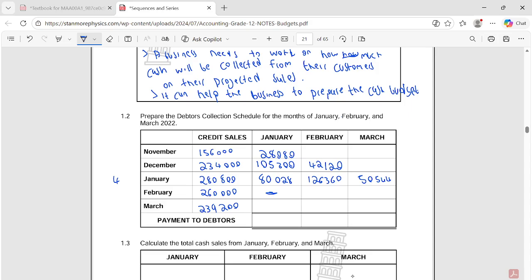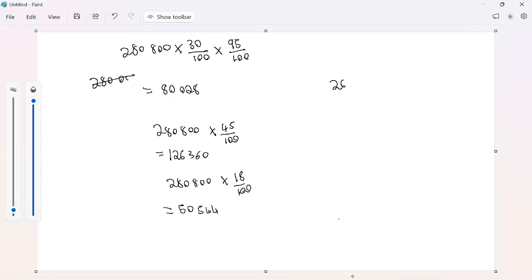So I'm going to say 260,000 multiplied by 30% multiplied by 95 over 100, meaning I'm taking the discount into account. So 260 multiplied by 30 over 100 multiplied by 95 over 100. Therefore I'm having 74,100.